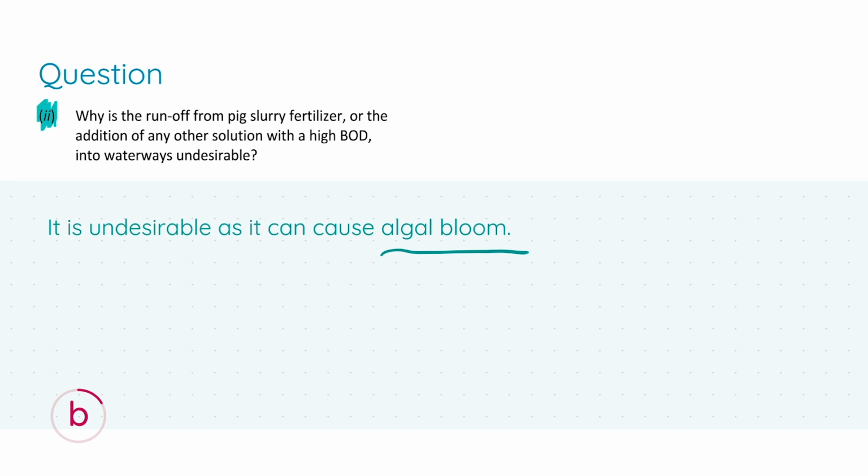This can result in different forms of pollution or deoxygenation of the water, killing fish, making the water unable to drink, and as a result of this, it can also lead to algal bloom. So any of those answers are also completely correct. In this case, I just went with algal bloom because it's an easy one for me to remember personally. But that is why it is undesirable to have high BOD solutions in waterways.